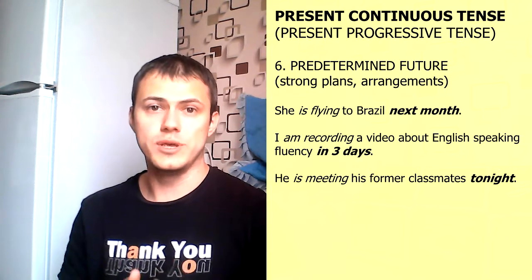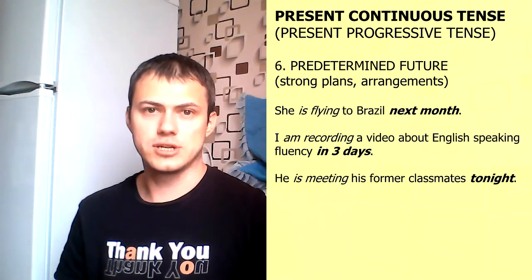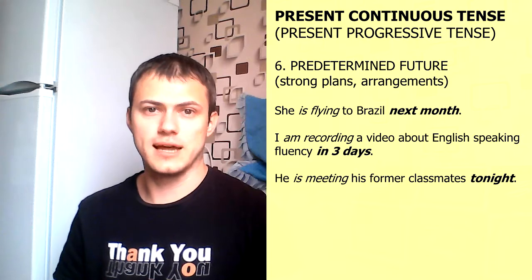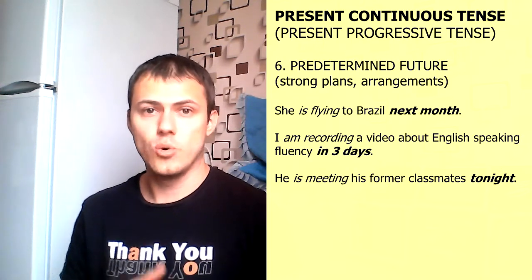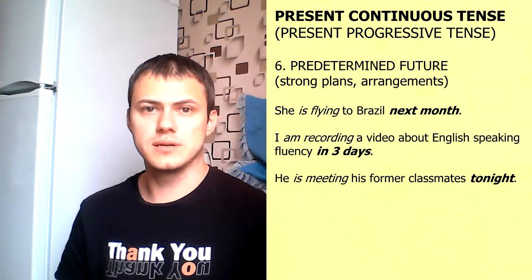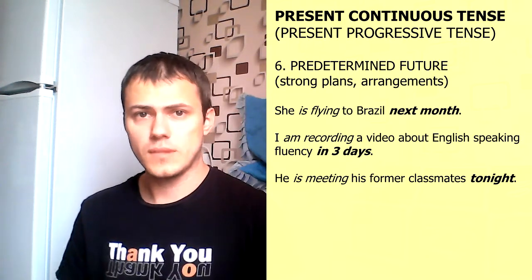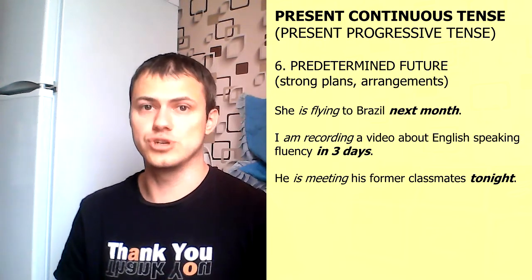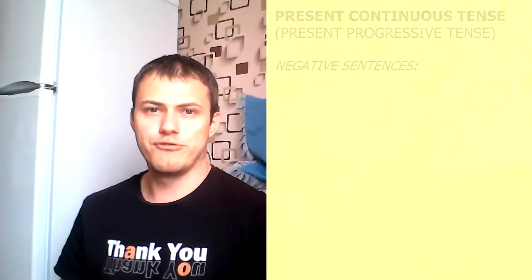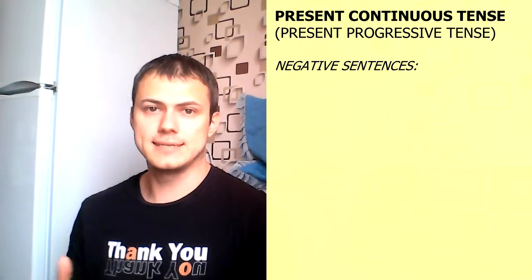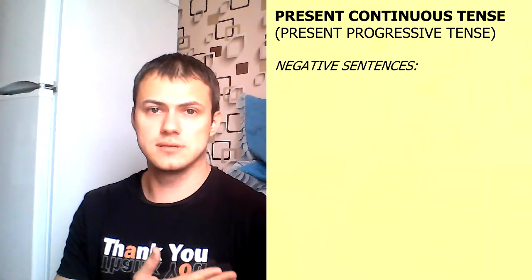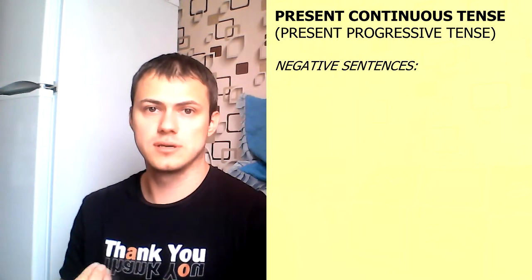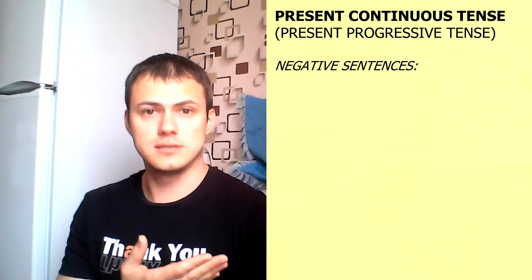So we can, and actually we should sometimes use the present continuous tense when we are speaking about situations in the future. So for the final point of this lesson, let's take a look at some examples of negative sentences and questions using the present continuous tense.